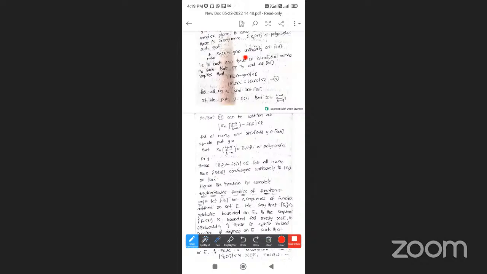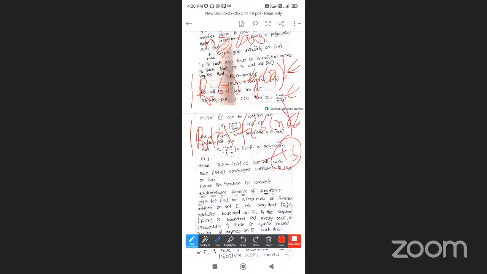To each epsilon, there is a natural number n naught such that for n greater than or equal to n naught, Rn of x minus g of x is less than epsilon. That is, Rn of x minus f of s of x, a composite function, is less than epsilon. Call this the 15th equation. This holds for all n greater than or equal to n naught, and x belongs to [0, 1].